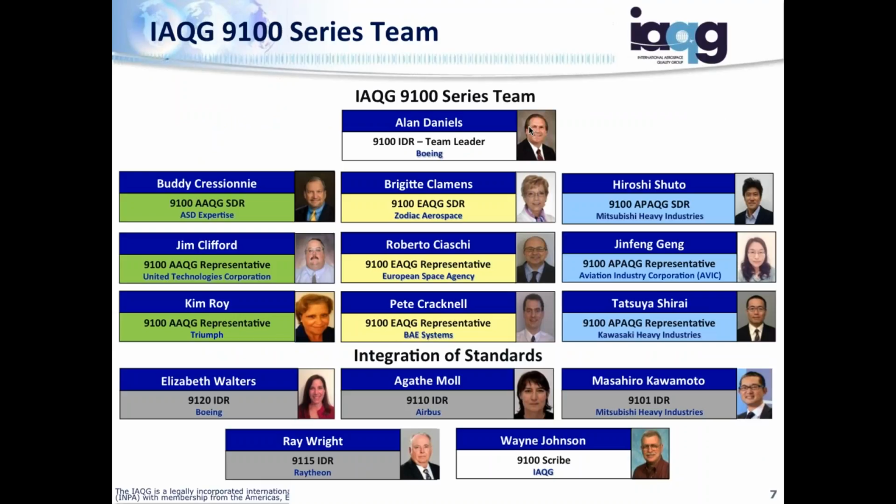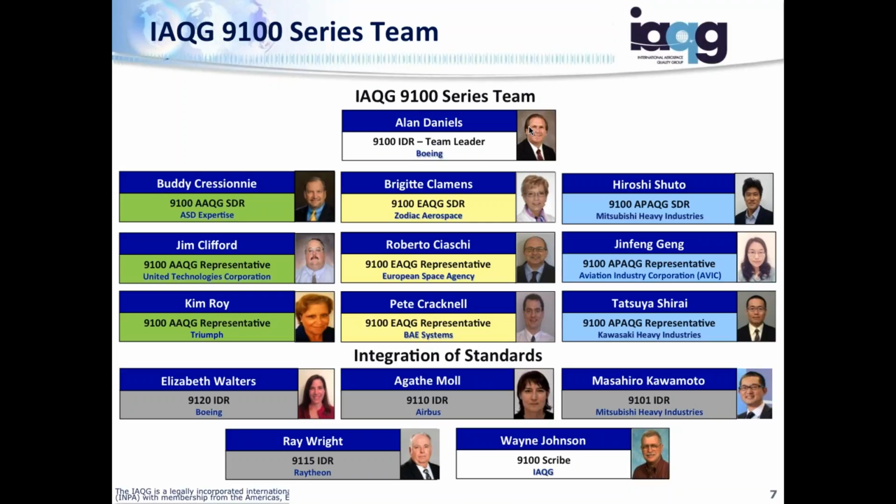So who writes the standards? Here's the team. You can see the Americas team there in green. Yellow is the European team, the blue is Asia Pacific, and across the bottom you'll notice other standards. With those other standards, we wanted to make sure that as we progressed in the standard writing, we were being consistent.